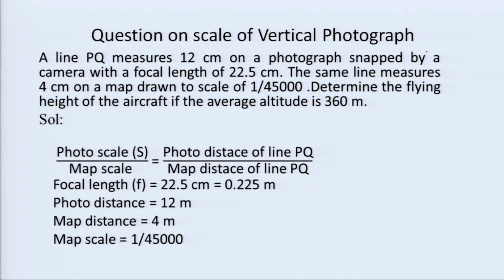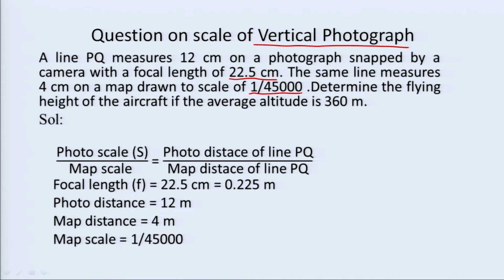Take some example, a numerical on the scale of a vertical photograph. A line PQ measures 12 centimeter on a photograph snapped by a camera with a focal length of 22.5 centimeter. The same line measures 4 centimeter on a map drawn to the scale of 1 by 45,000.